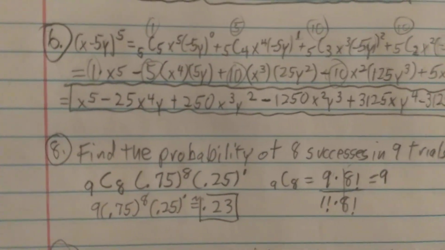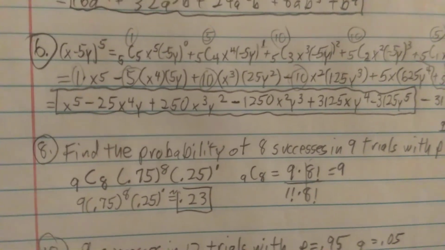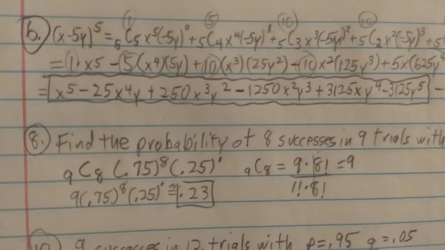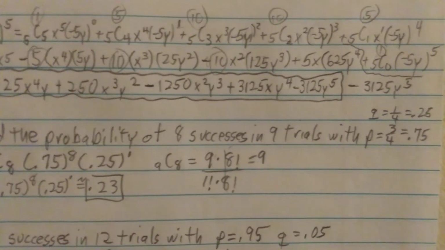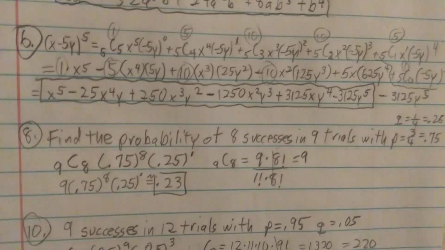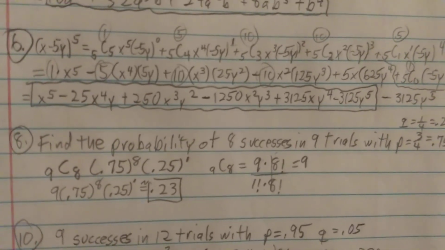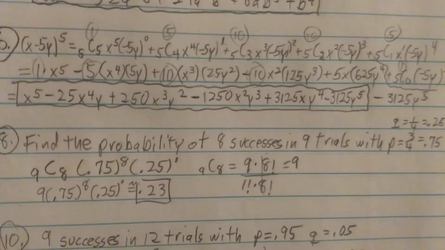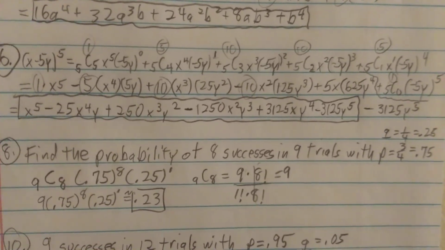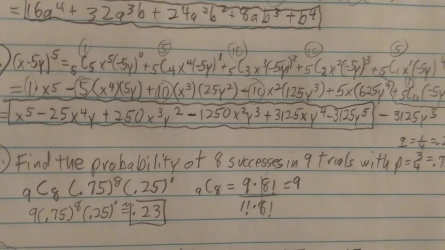Okay, just one more like this, and then we'll get easier. So (x minus 5y) to the fifth. And remember, Pascal's triangle for n equals 5 is 1, 5, 10, 10, 5, 1, which is mostly underlined below. Okay? So here we have 5C5, which is 1, x to the 5th, and that's the first term, plus 5C4, which is 5, x to the 4th, minus 5y, makes it negative 25 x to the 4th y, which is below.